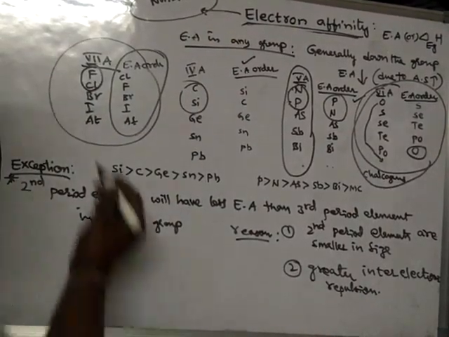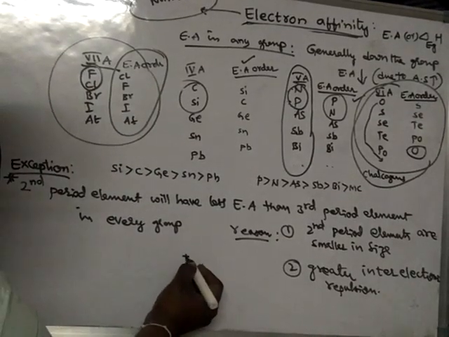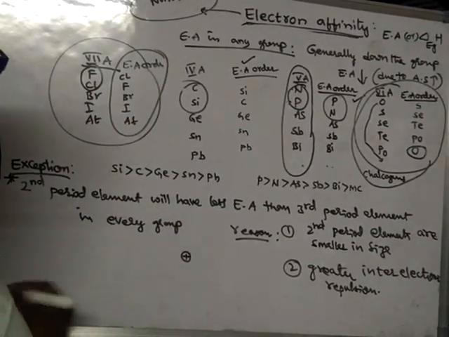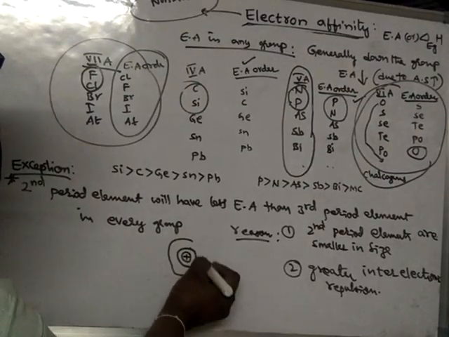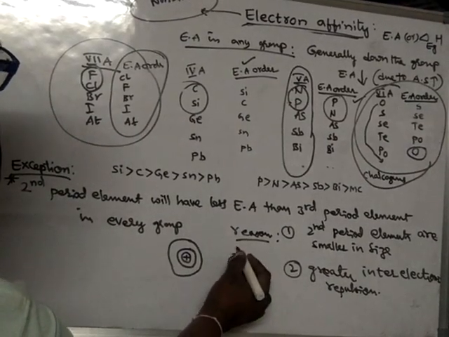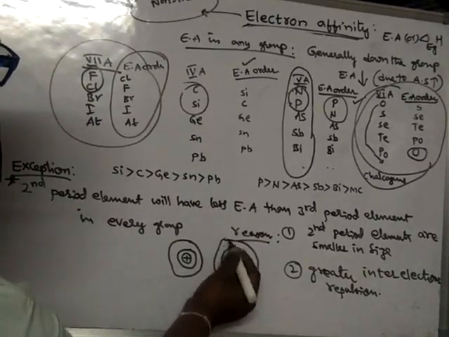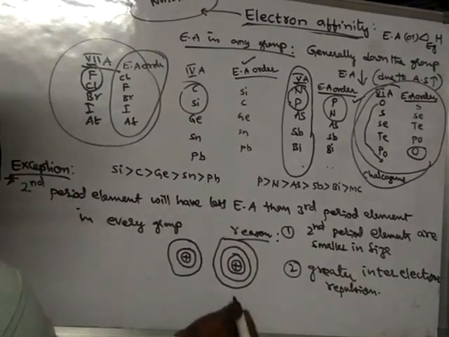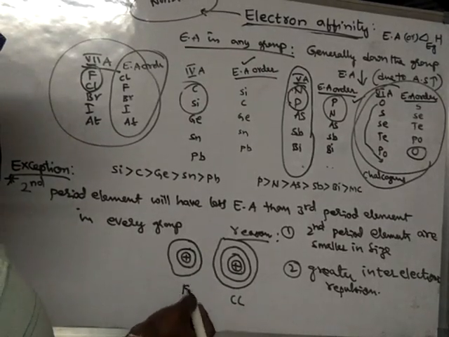For example, take fluorine. If you compare fluorine with chlorine, fluorine is a small size atom, whereas chlorine is a large size atom. Chlorine contains 3 orbits, whereas fluorine contains only 2 orbits.